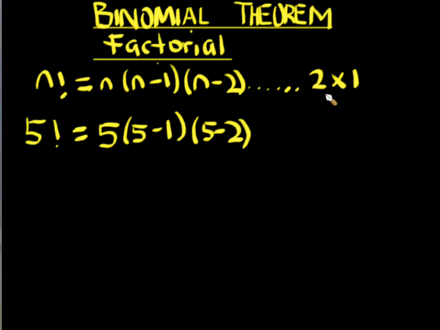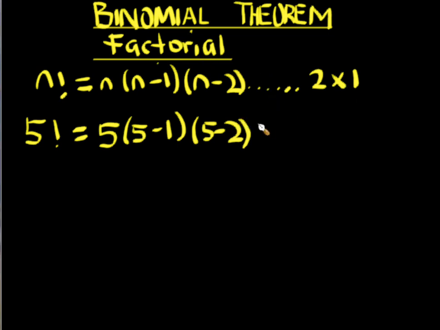Now, what this part of the formula is trying to say is that we are going to be subtracting increasing values from n, in this case 5, till the difference between 5 and that increasing value is just 1. So that's what the formula is all about.